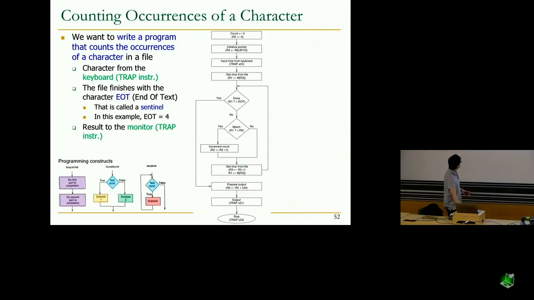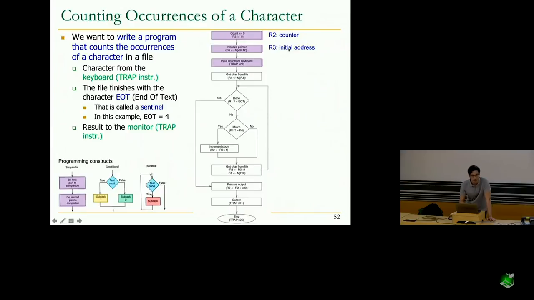Here on the bottom left part, we have the different programming constructs so that you can recognize them in the algorithm. First we have some sequential constructs. What we do here is initialize R2, which is going to be the counter of occurrences. In R3, we have the initial address.